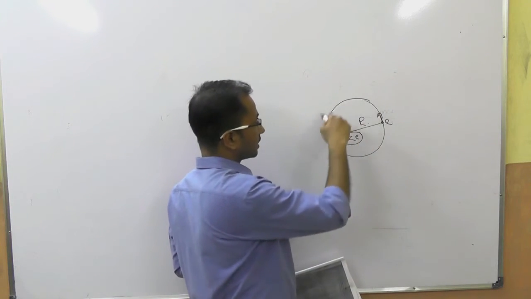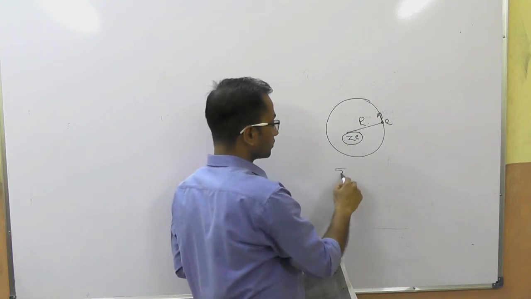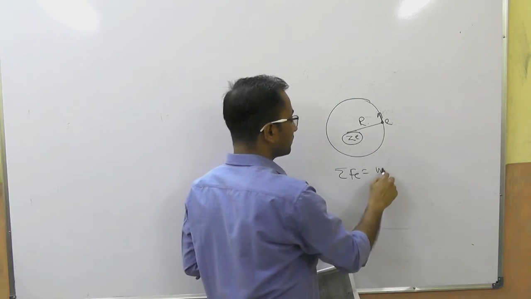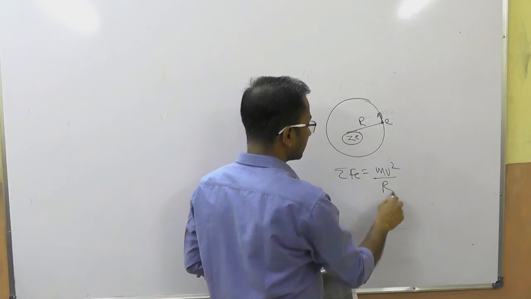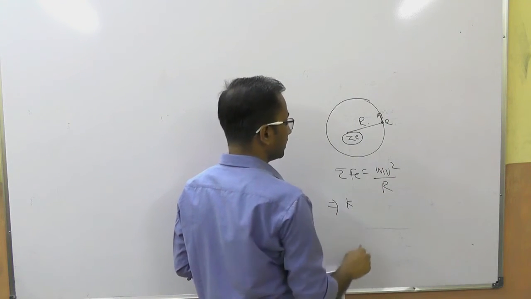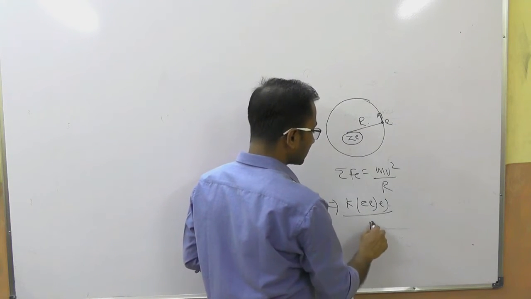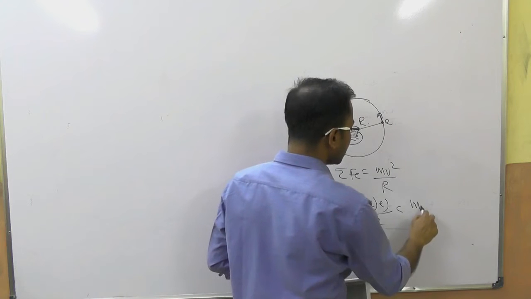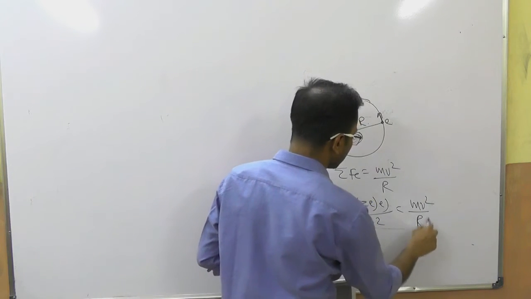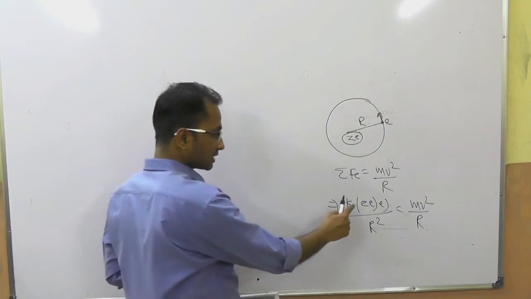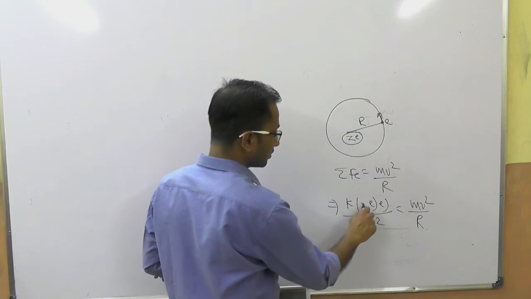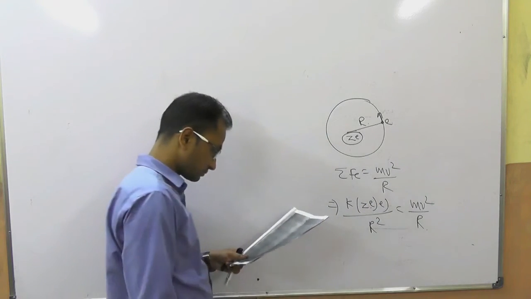Since this electron is revolving in a circular orbit, the net force towards the center will be mv square by r. So this is equal to k Z e square by r square equals mv square by r. For hydrogen atom just put Z equal to 1.